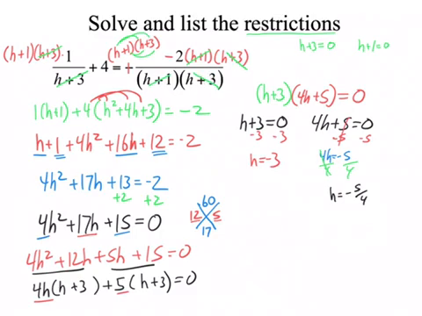And what you get here is your restrictions are h equals negative 3 and h equals negative 1, which, do you notice one of my answers is restricted? We're not allowed this answer. So since we're not allowed that answer, we cross that one out, and my answer is simply only the negative 5/4. I only have one of the two answers actually work.